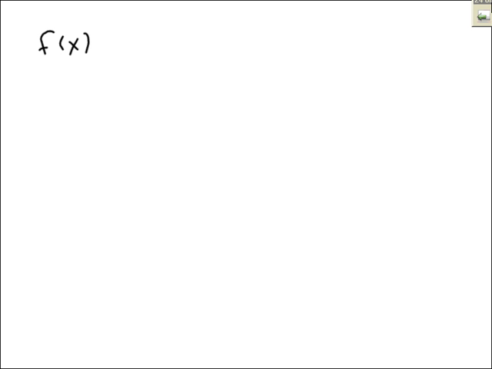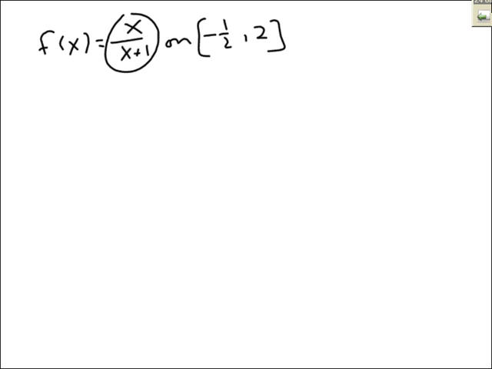Suppose f of x is x over x plus 1 on the interval -0.5 to 2. Now, this here is a rational function. The numerator is a polynomial, and the denominator is a polynomial. So you should say f of x is a rational function.